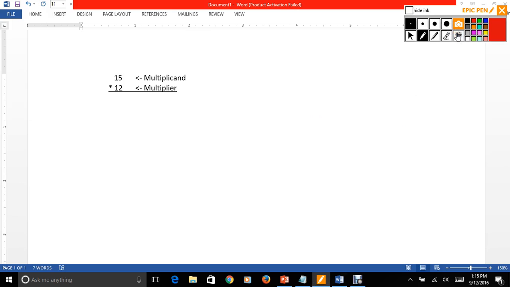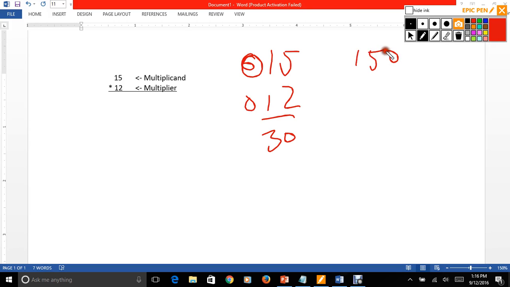So she did 15 times 2 and got 30, right? And then you had the 0 here. So then she did a shift left of the multiplicand, which is 150, and then a shift right of the multiplier, so that became 0, 0, 1. And then she checked the least significant bit. It was a 1. She did 150.